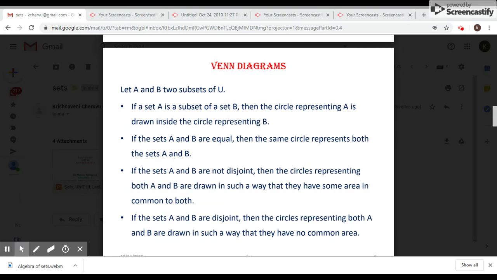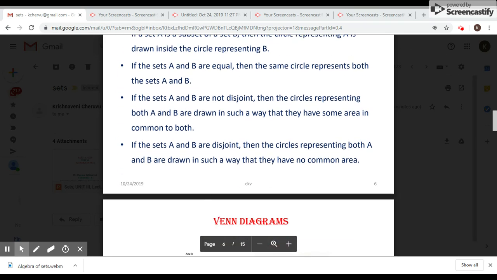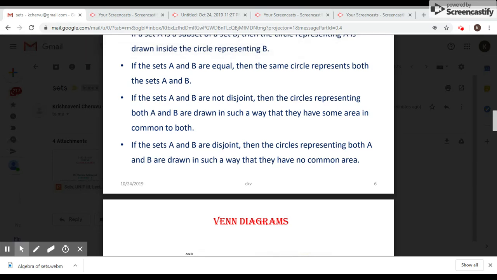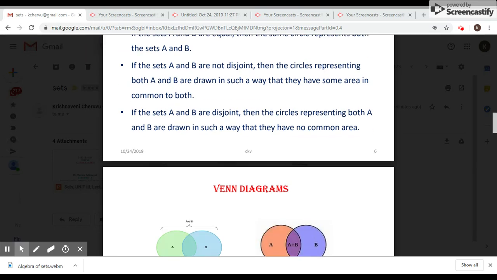If the sets A and B are not disjoint, then the circles are drawn in such a way that they have some area in common. If the sets A and B are disjoint, then the circles are drawn in such a way that they have no common area.